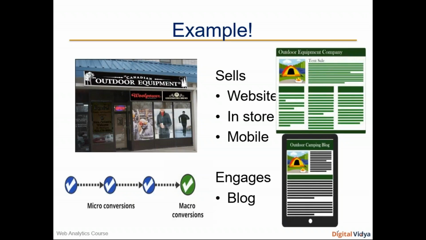That would be a macro conversion. For an NGO, a non-profit organization, getting a volunteer to sign up could be a central goal. Depending on the business, of course, there would be many different permutations and combinations of these macro conversions.